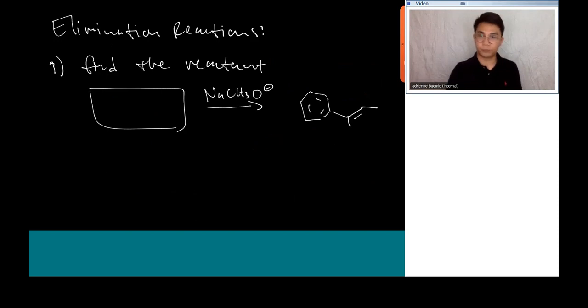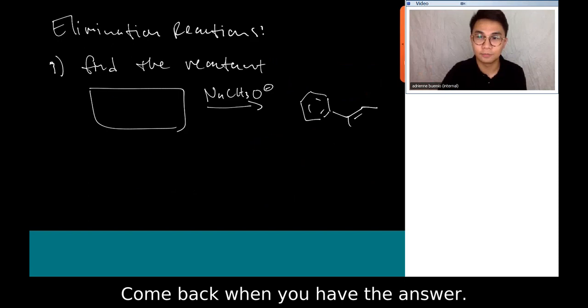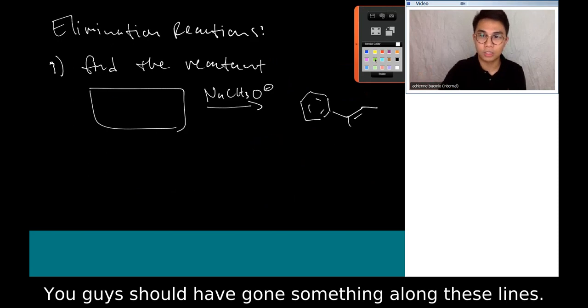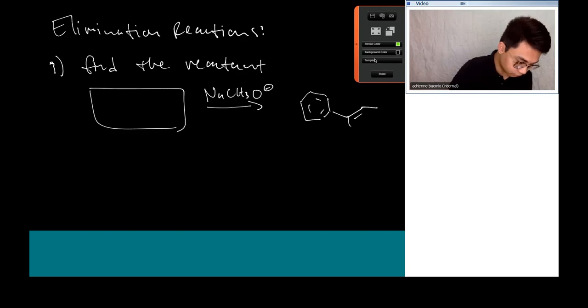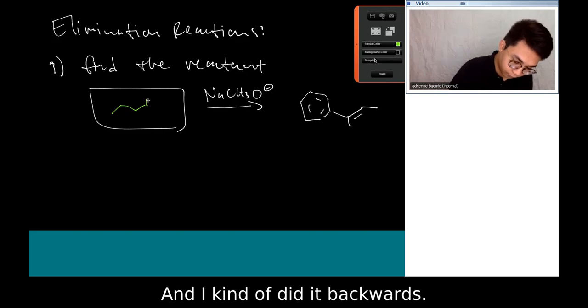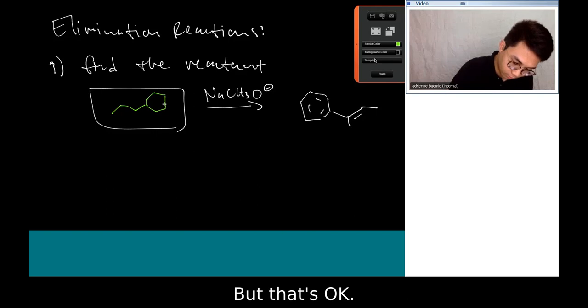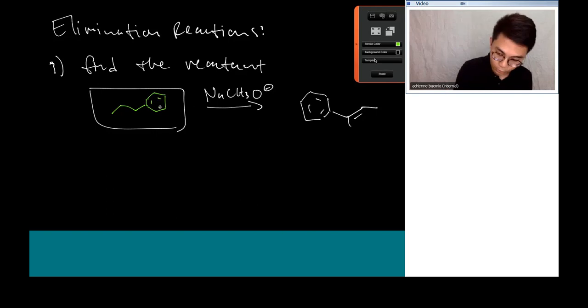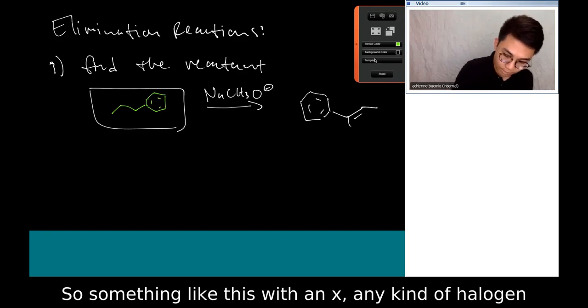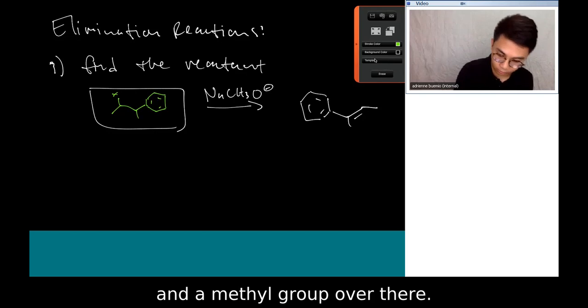So take a second, take a minute, pause the video, come back when you have the answer. Okay, you guys should have gotten something along these lines. And I kind of did it backwards, but that's okay. So something like this with an X, any kind of halogen, and a methyl group over there, right?